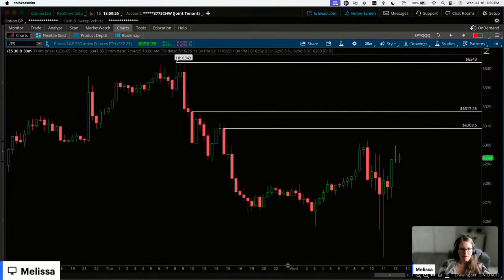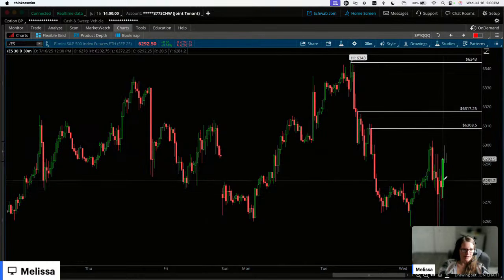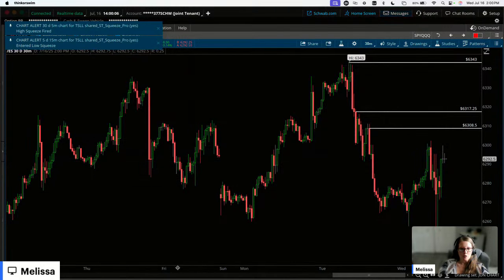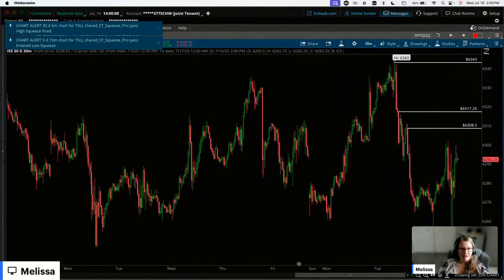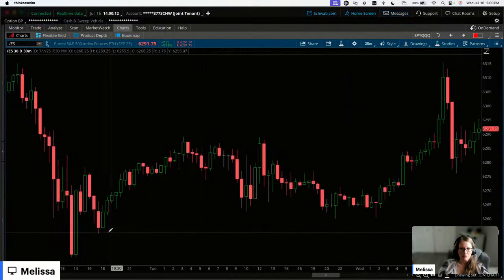Looking for the imbalance, I need to look over to the left because although this is an imbalance candle here on ES, to the left is why we created that imbalance candle right there.